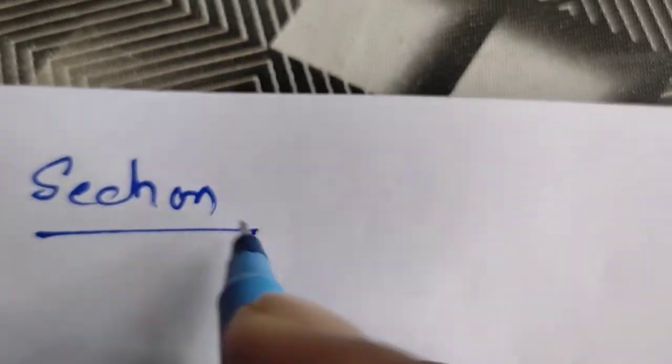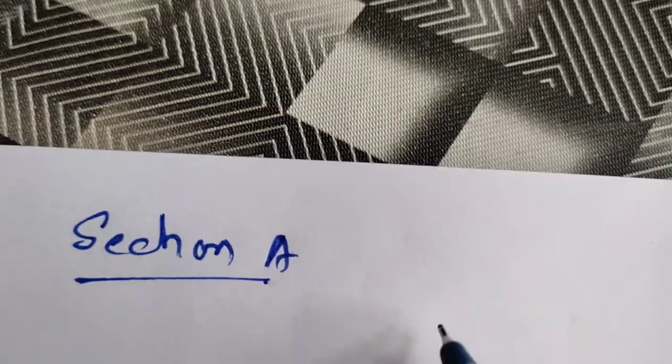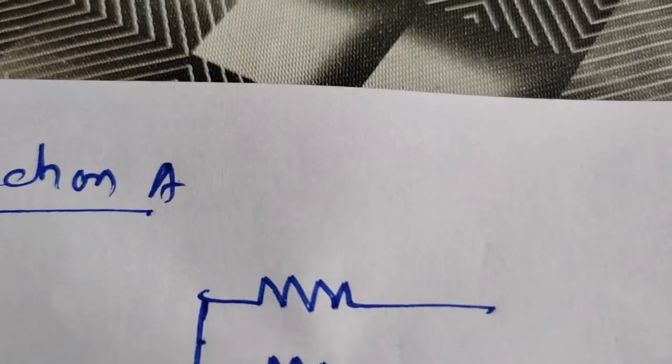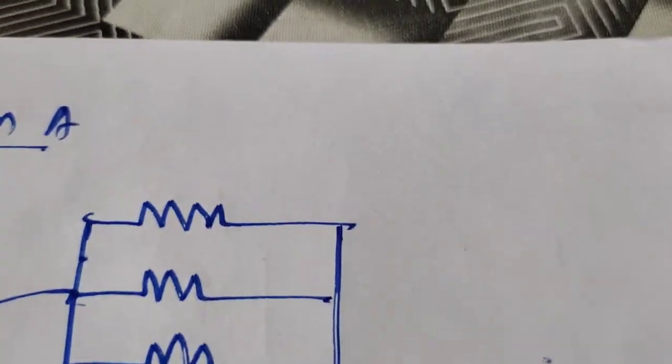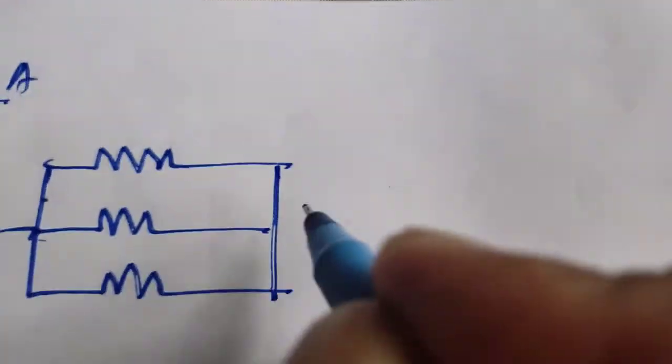Let us see the first section, section A. What happened is, this resistance, here also resistance, here also resistance, is connected to a cell. But note that this is a common pole. So you can say it is in parallel, and then it is in series with the resistance here.